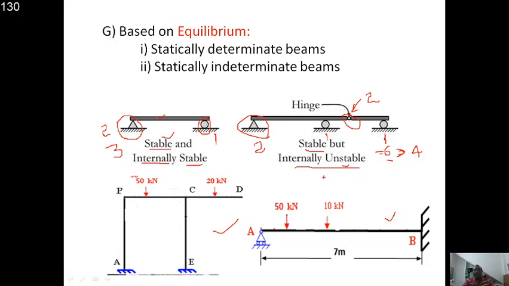Because they have a greater number of reactions when compared to the equilibrium equations required. So if the reaction components are more than the equilibrium equations, then the structure is stable, no problem. It is equal to or greater than the requirement. It is stable, but it has some extra rigidity that makes the structure some sort of internally unstable. Okay?